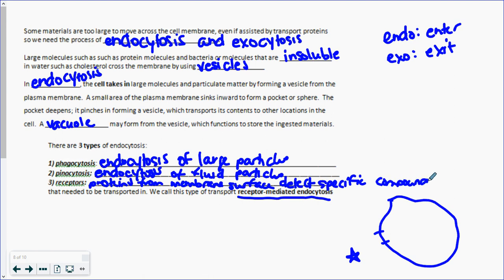So these proteins are essentially looking for particular things that they know the cell needs. It's looking around for them. These receptors identify that that's what it is, and they cause a change in the cell membrane that allows that particular thing to come in.